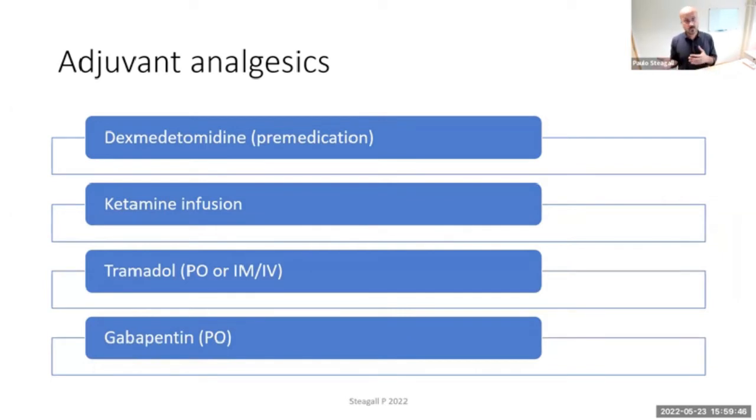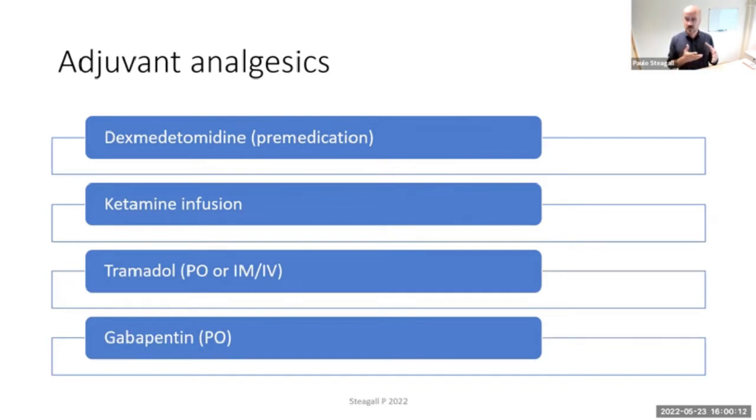Dexmedetomidine, or medetomidine, can be used as part of premedication. Ketamine infusions are often used to prevent or treat central sensitization. If you're not familiar with these concepts, there's a very nice table in the guidelines providing a glossary of what those terms mean, and you could look it up.